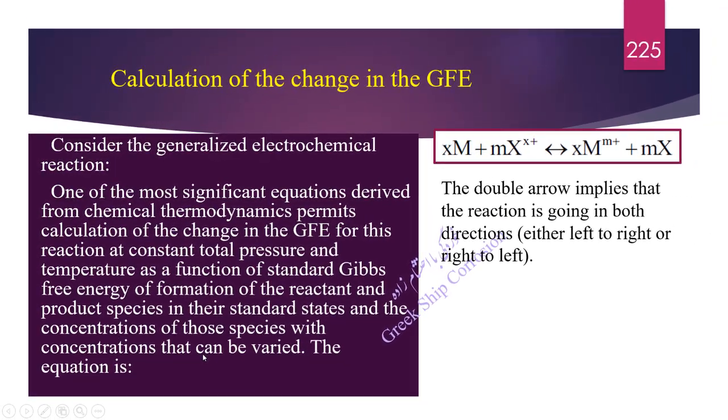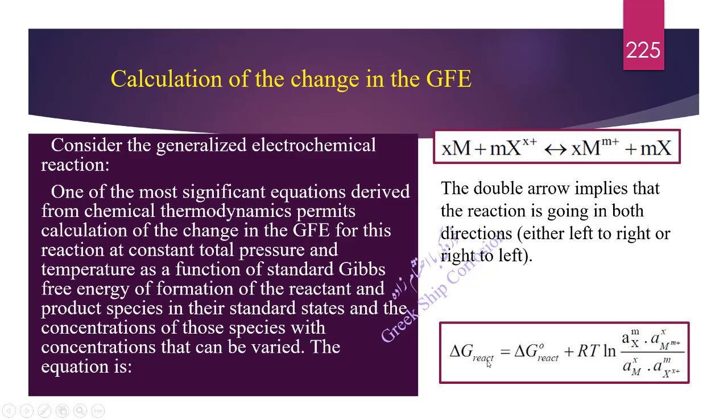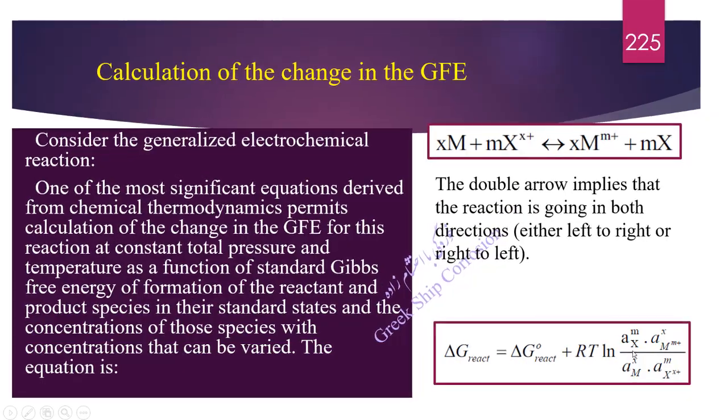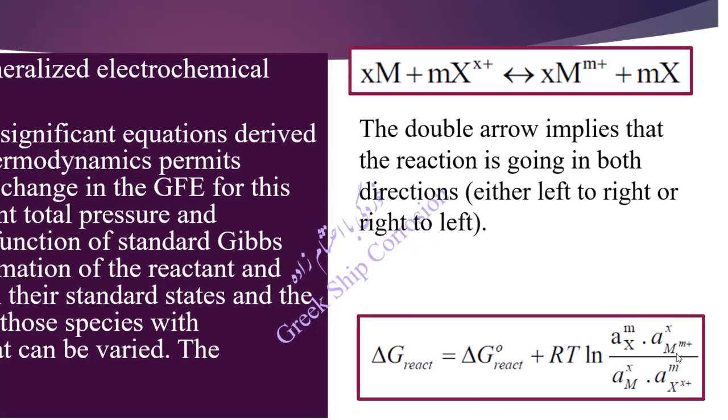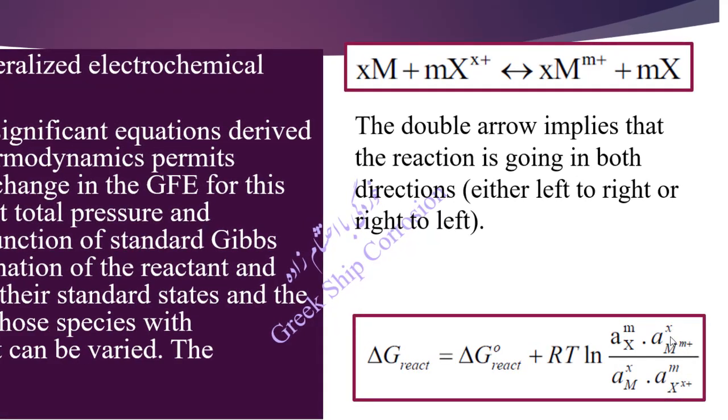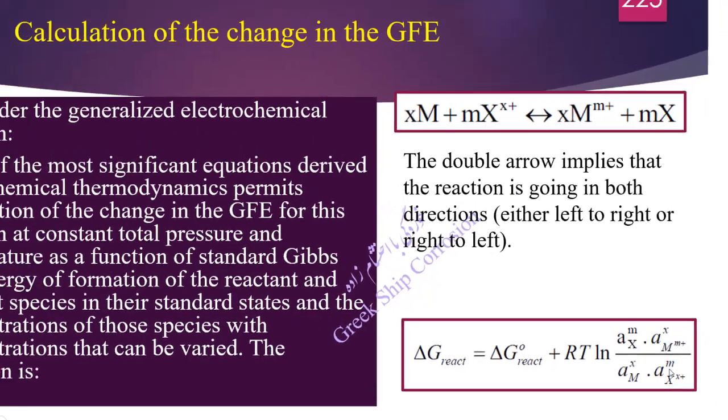The equation is delta G reaction equals delta G naught reaction plus RT ln the activity of X to the power of m times the activity of M^n+ to the power of x over the activity of M to the power of x times the activity of XX^n+ to the power of m.